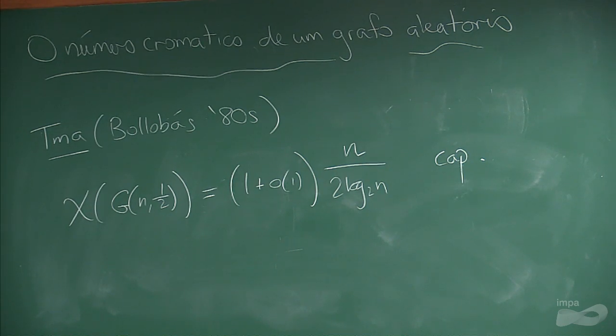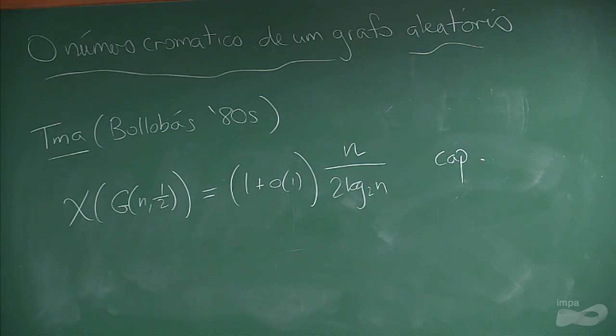Okay, so we know that this is sharp. We want to show that this is close to being sharp. So we want to cover the vertices very efficiently with these independent sets of size almost as big as they can be. Right? Okay, so how are we going to do that?